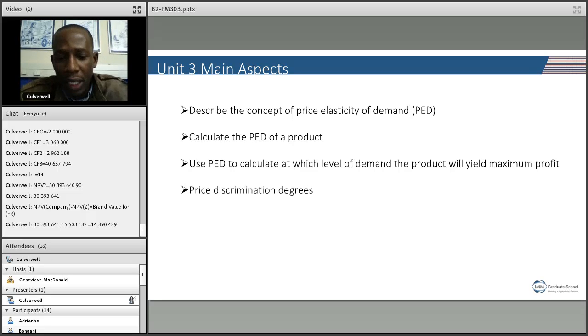And finally, the price discrimination degrees. First degree price discrimination, that talks around the auctioning system. The highest bidder is the one that will buy. Second degree, you'll be also looking at some form of favoritism. Somebody will be getting a discount because maybe they are regular customers.